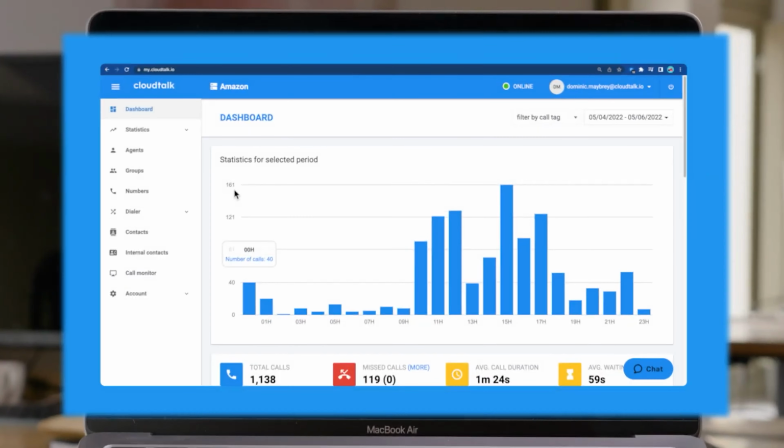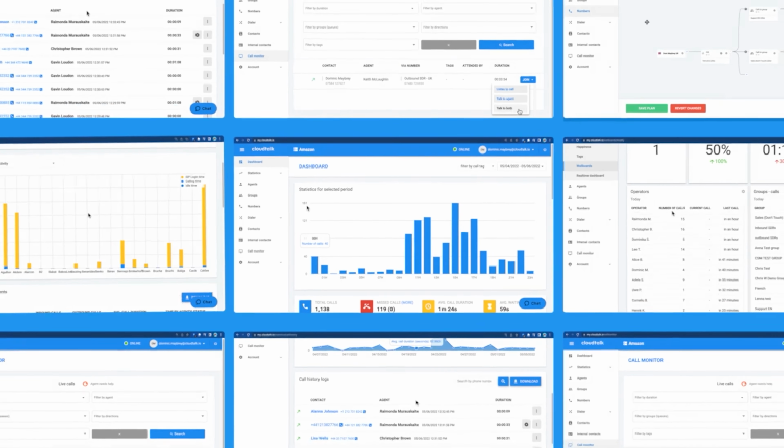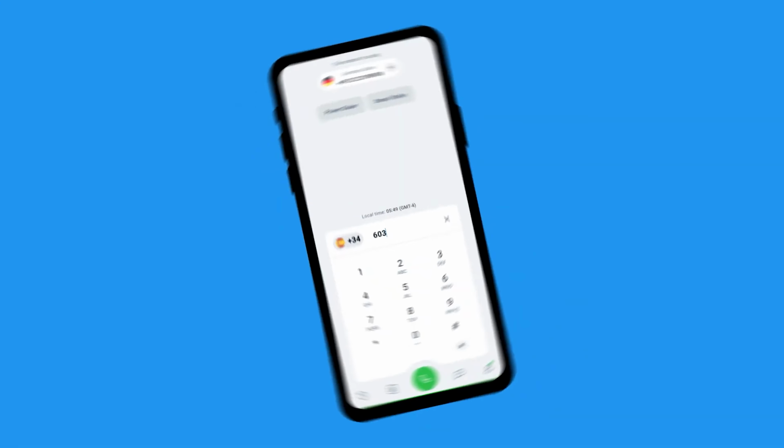Now, before we do any type of comparison, let's really get clear on what each of these tools actually are, because their approaches are fundamentally different. First, CloudTalk. CloudTalk is a cloud-based business phone system built for small and medium-sized sales and support teams.